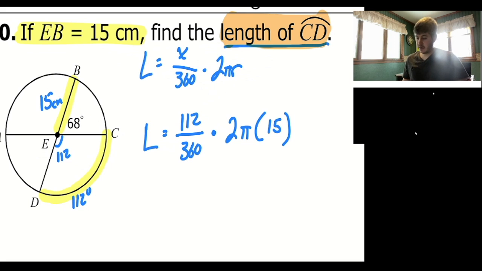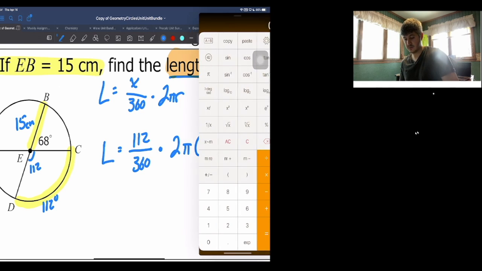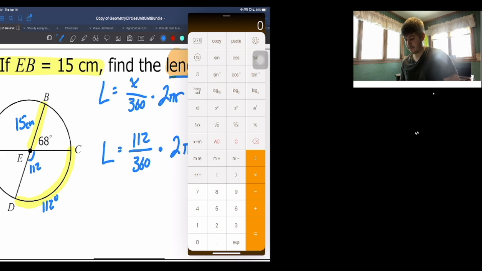So I'm going to take my calculator out. Oh, I don't think you guys can see that. Should be able to see it now. I'm going to do the 112 over 360. You could type this into a calculator in one shot, but I'm going to take it step by step so we can have an understanding of what we're doing.